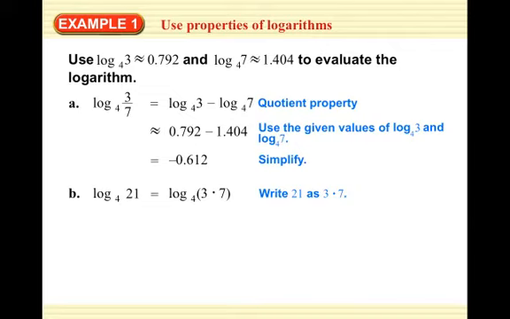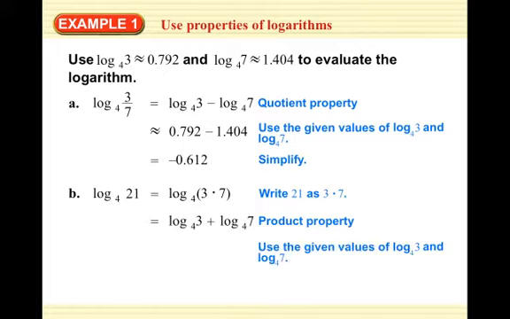Once we have that, we can apply the product property, which tells us that it is equal to the log base 4 of 3 plus the log base 4 of 7. Now we can substitute, and we get approximately 0.792 plus 1.404. When we simplify, we get 2.196.